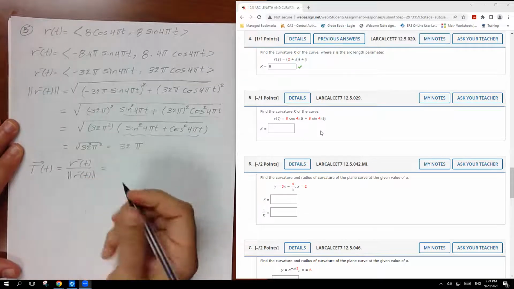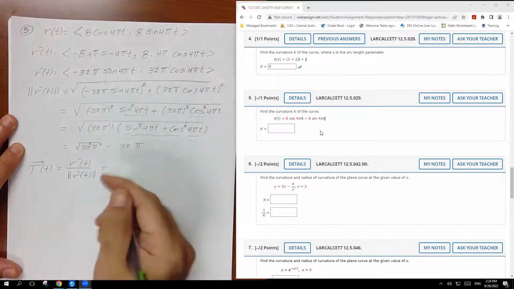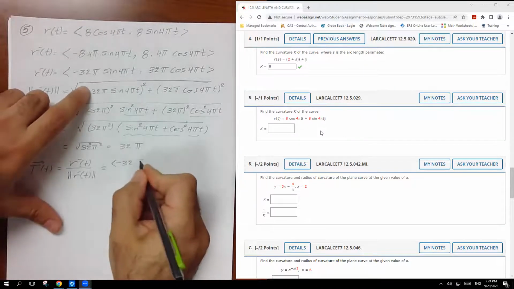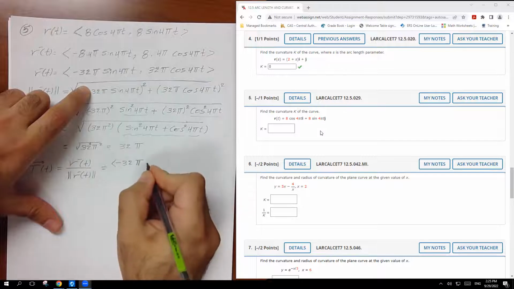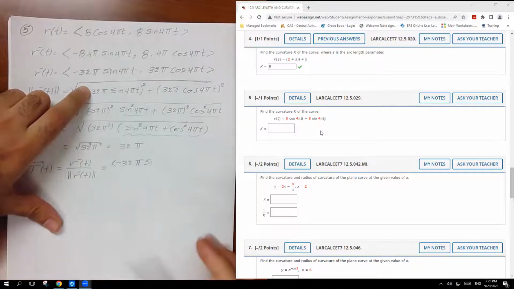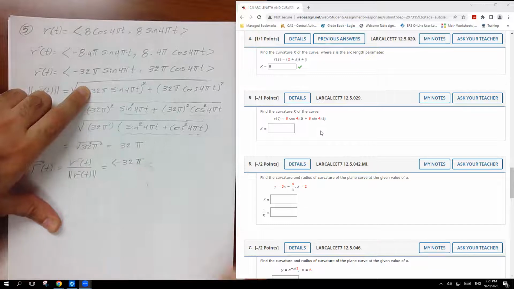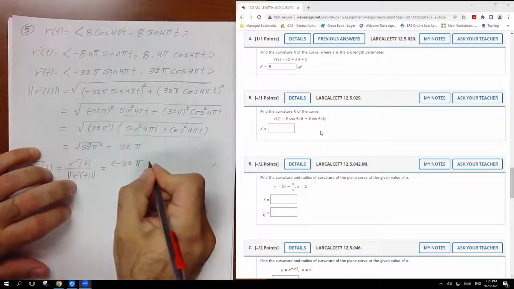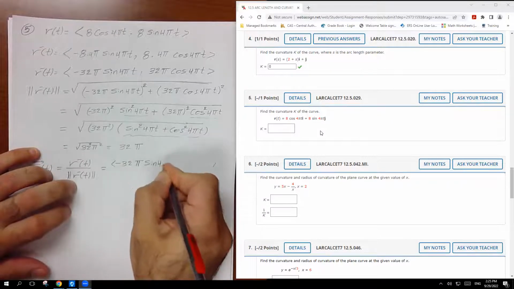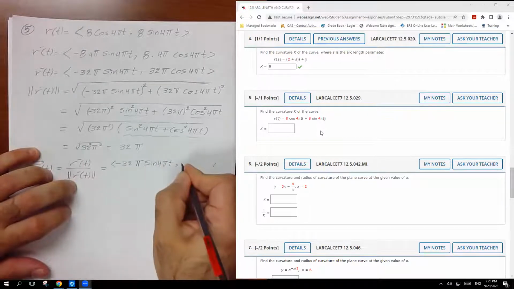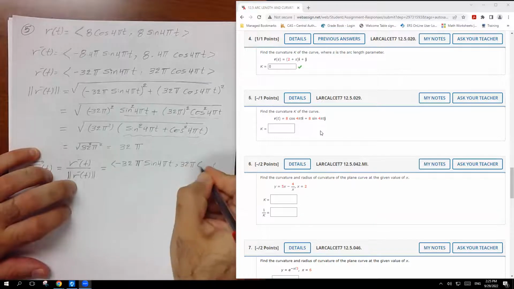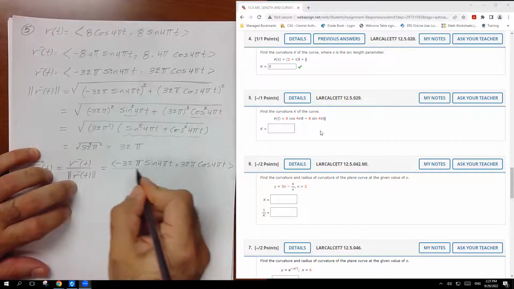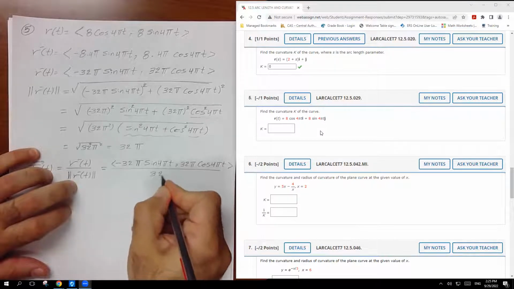So it's going to be r prime, which is negative 32 pi sine 4 pi t and 32 pi cosine 4 pi t, and everything is divided by 32 pi.